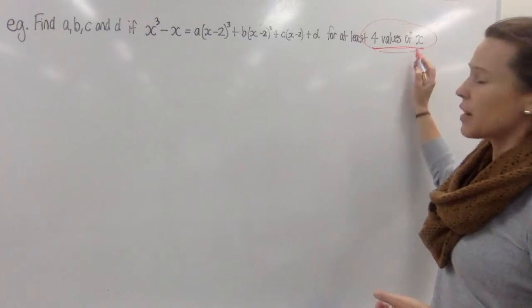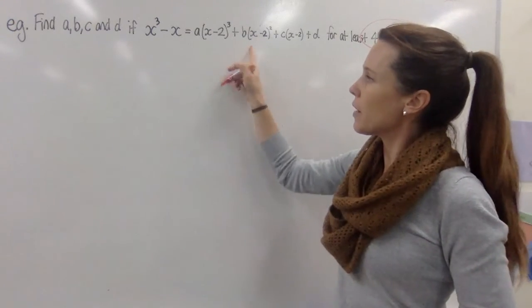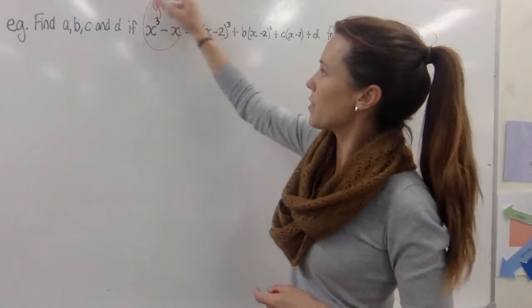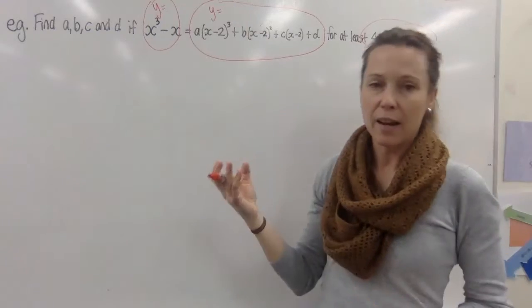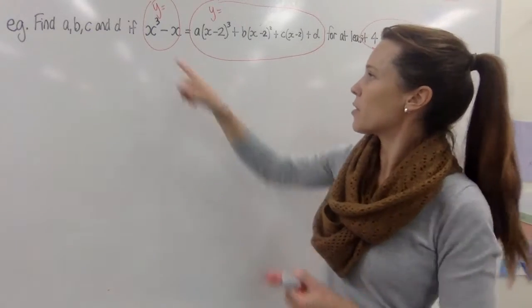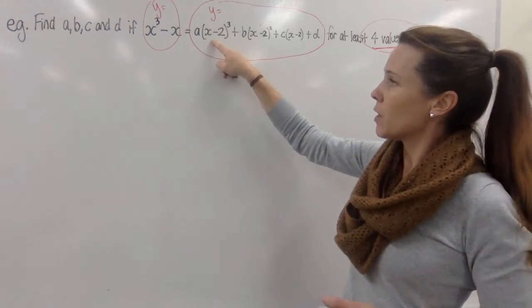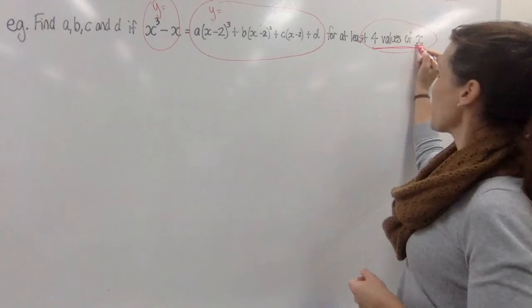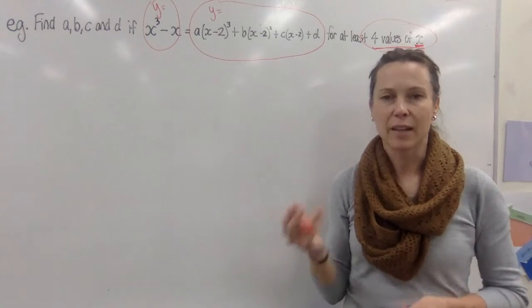Well, if they're the same for at least 4 values of x, then a quick inspection of both sides tells me that if I was to graph y equals all of this side and y equals all of this side, what I'd have is 2 cubic curves. And I can tell because the highest power of x here is x cubed, and the same over here. So if I've got a cubic curve and they are equal for at least 4 different points on those curves, then they are in fact the exact same cubic curve.